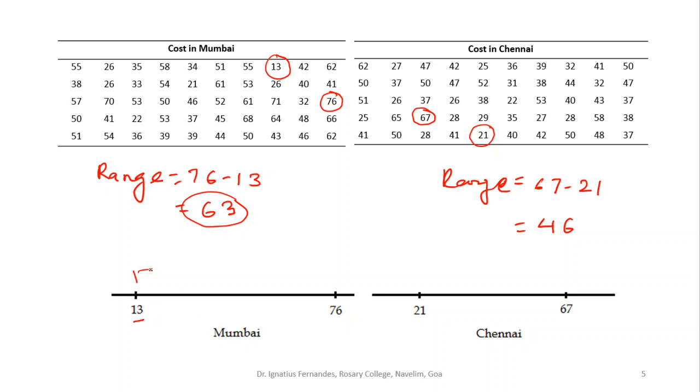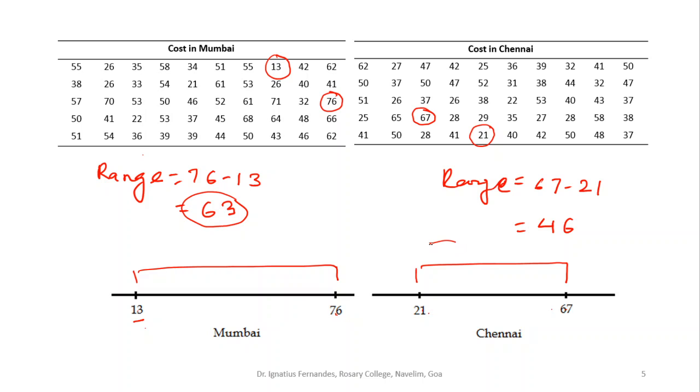So we have a bigger interval here over which the data is concentrated, and here we have 46. So we have 50 values here which are scattered between 13 to 76, and 50 values here which are between 21 to 67, which is a lesser range as compared to the range here.